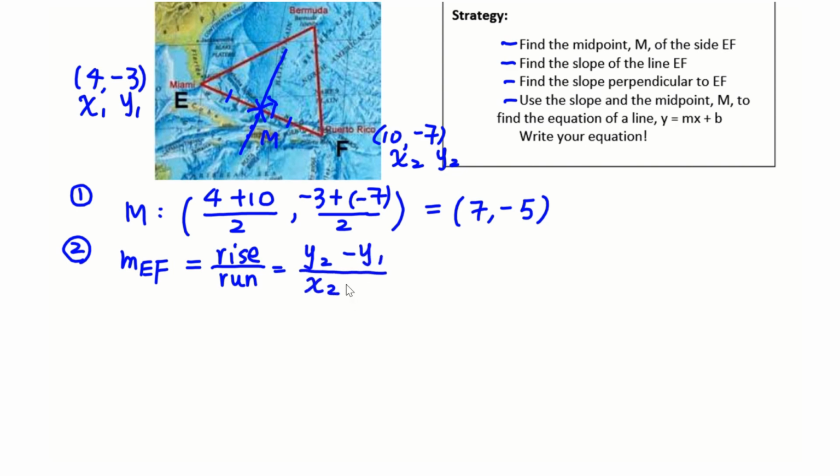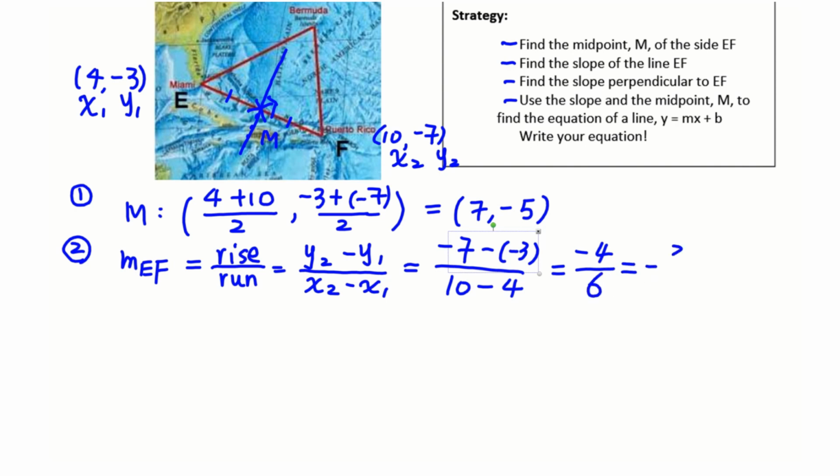And here, be careful, for the midpoint we add together the y's, and here we subtract. So y2 is -7, y1 is -3, x2 is 10, x1 is 4. You are going to have -7 plus 3, which gives you -4, and the denominator is 6. The lowest form is -2/3.